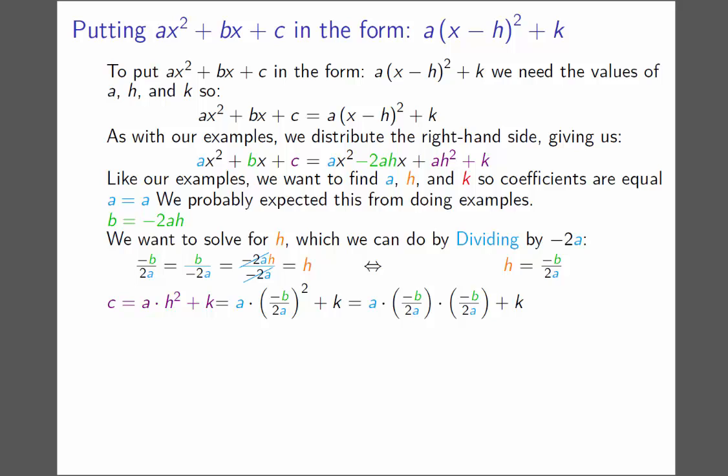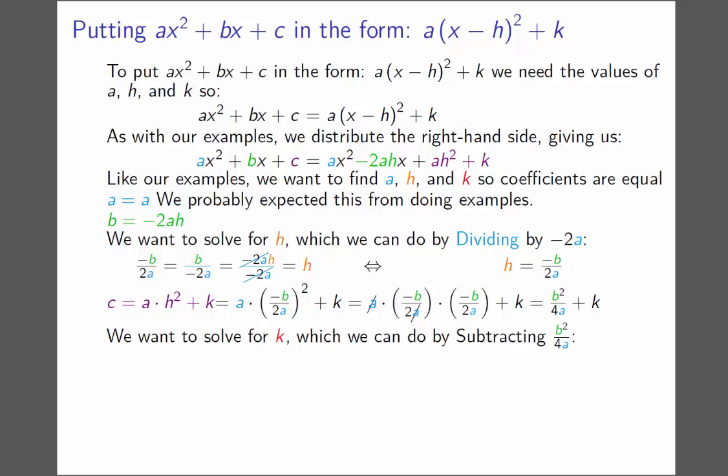And we can simplify this, because the a in the top cancels with one of our a's in the bottom. And then negative b times negative b is b squared, and 2 times 2a is 4a. And we still have plus k on the end.